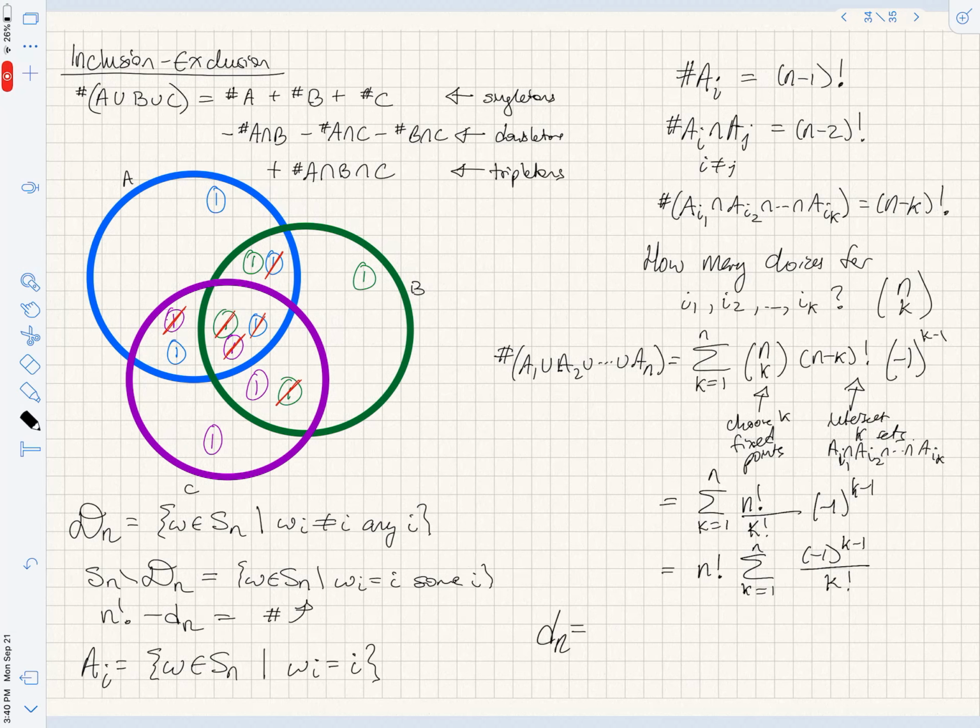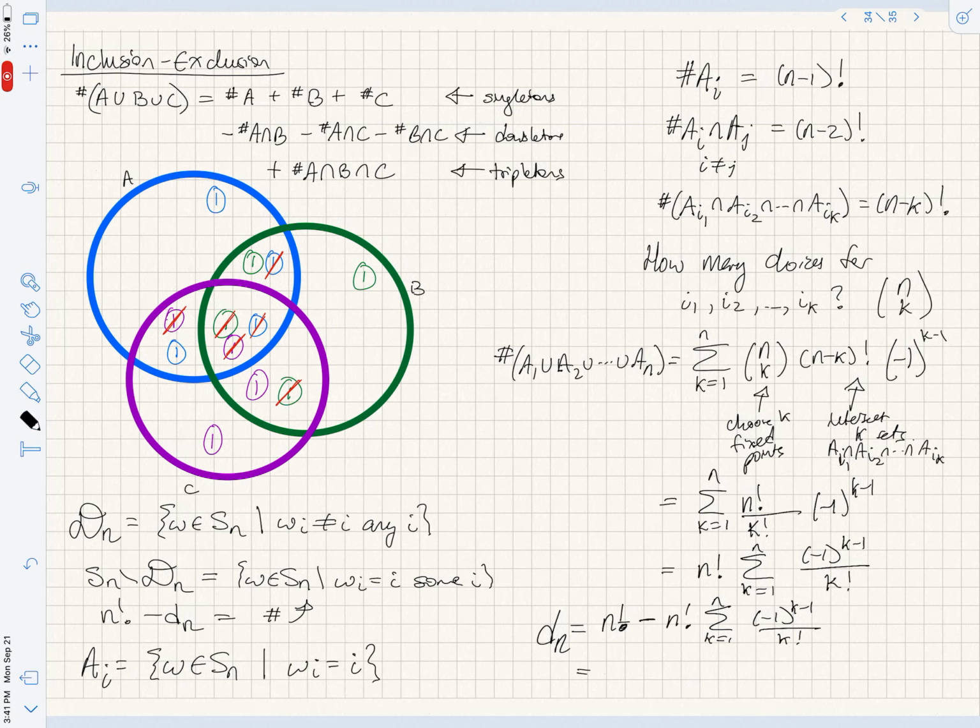Great, so what is Dn? Well, Dn, if you'll recall, is n factorial minus this number that we just got. So it's n factorial minus n factorial times the sum from k equals 1 to n of minus 1 to the k minus 1 divided by k factorial.